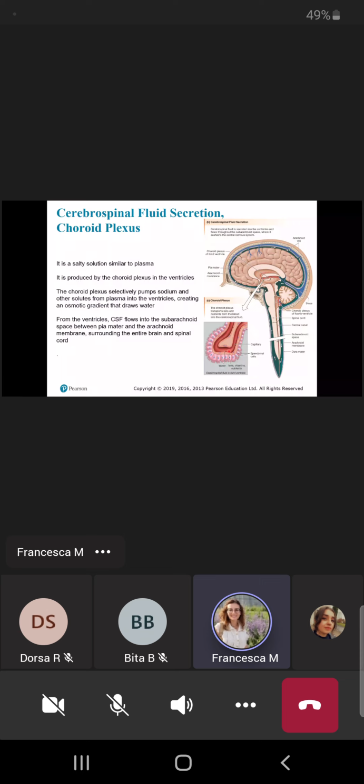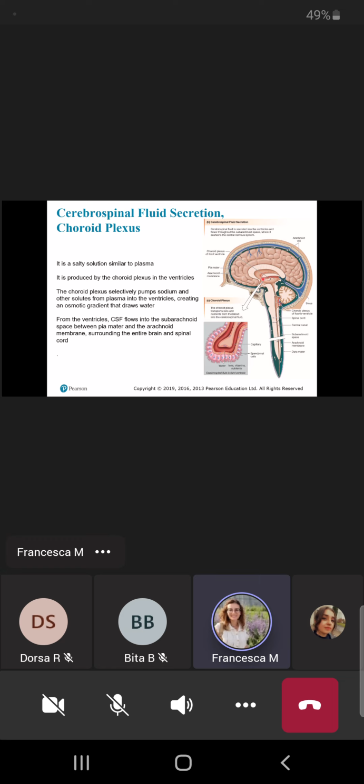Thanks to this localization, thanks to the osmotic gradient, ions, molecules, and vitamins move from the capillary to the cerebrospinal fluid, creating its composition. That's why the composition of the cerebrospinal fluid is similar to plasma, because the majority of these molecules come from the blood.